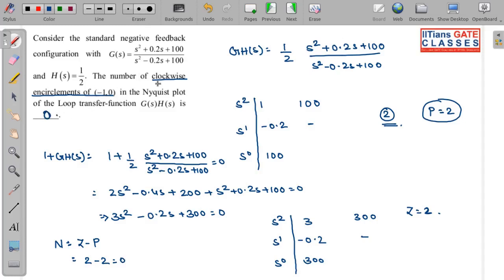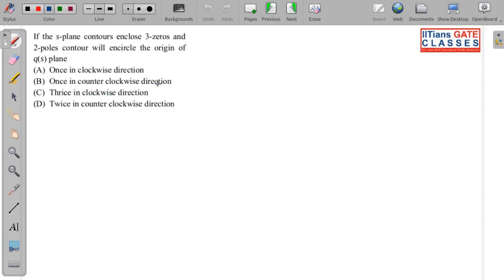Such kind of questions, you will see a lot of them have been asked in PSU exams. Now this is one more question we have. Very quickly solve this question.